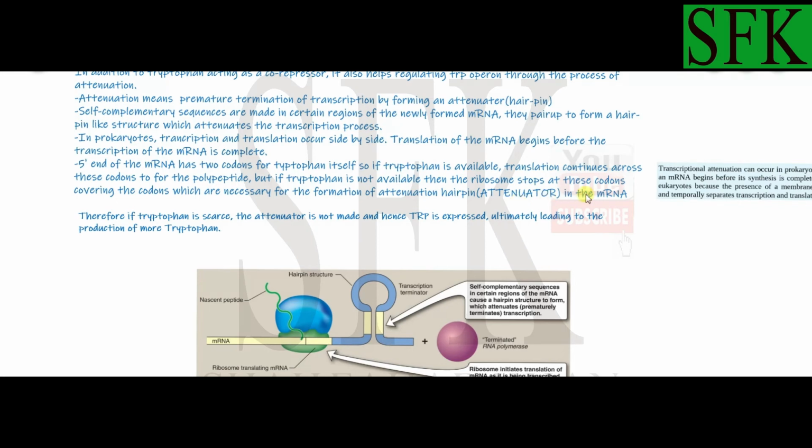And if transcription continues, then later on, the mRNA molecule will be translated into enzymes that are responsible for the formation of tryptophan. So these are the two processes through which tryptophan metabolism is controlled. If tryptophan is scarce, the attenuator is not made, and hence the trp operon is expressed. Because these two codons are empty and the ribosome covers the attenuator sequences, this forms more tryptophan.